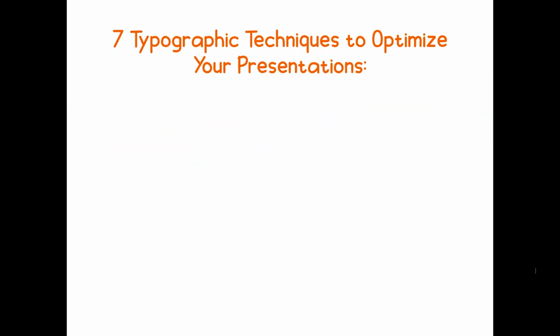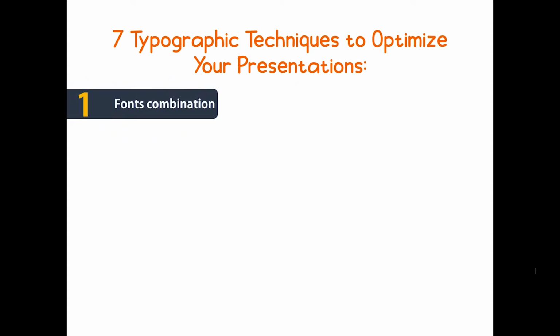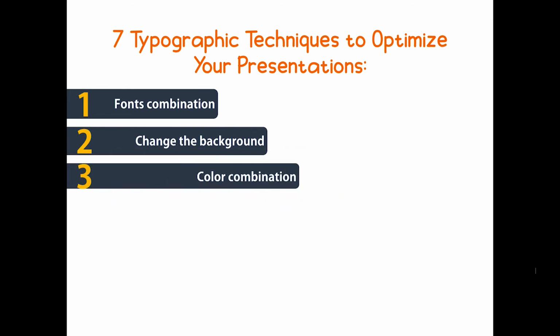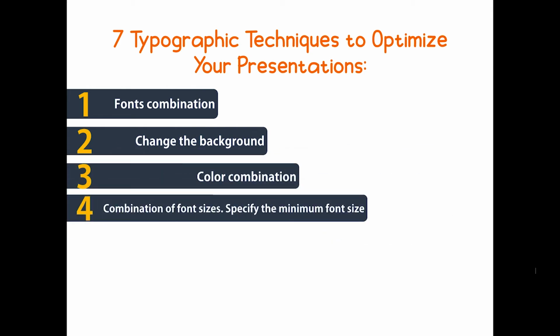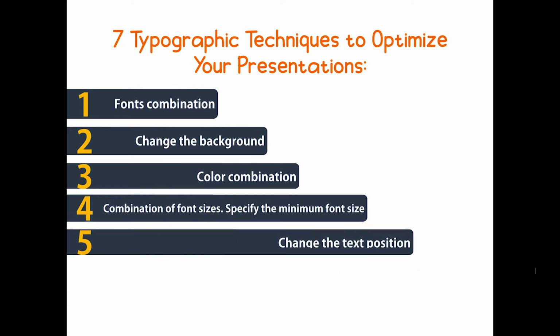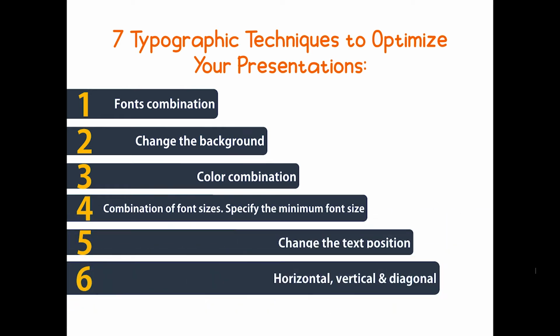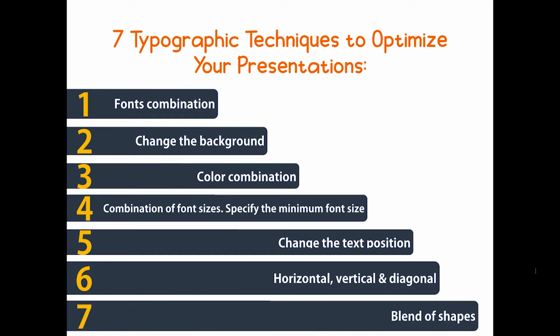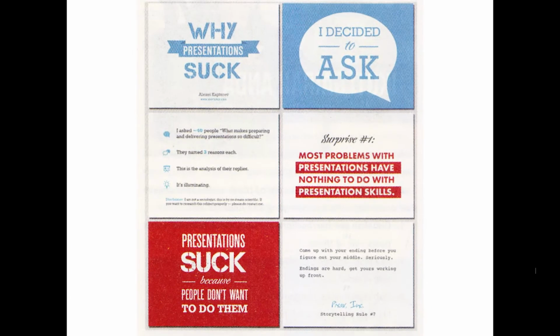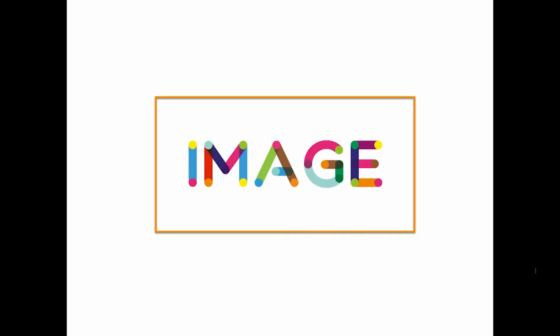There are 7 typographic techniques to optimize your presentation: use font combinations, change the background, use color combinations, combine font sizes, specify the minimum font size, change the text position to horizontal, vertical, and diagonal, and line up shapes. These are examples of presentation slide designs implemented with typographic techniques.